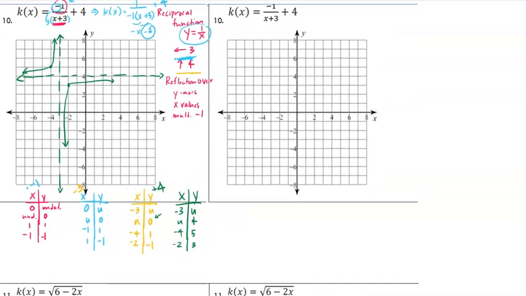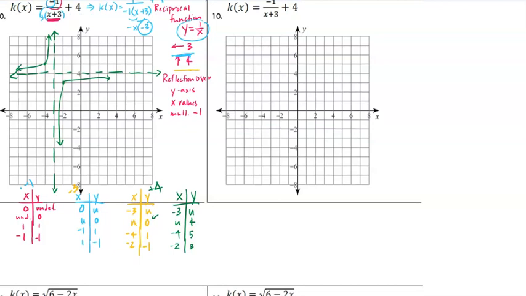Now, the other way to do it, just for reciprocal functions, is to look at the parent function. We know that this vertical asymptote is going to go left 3, so let's move that left 3 right here.